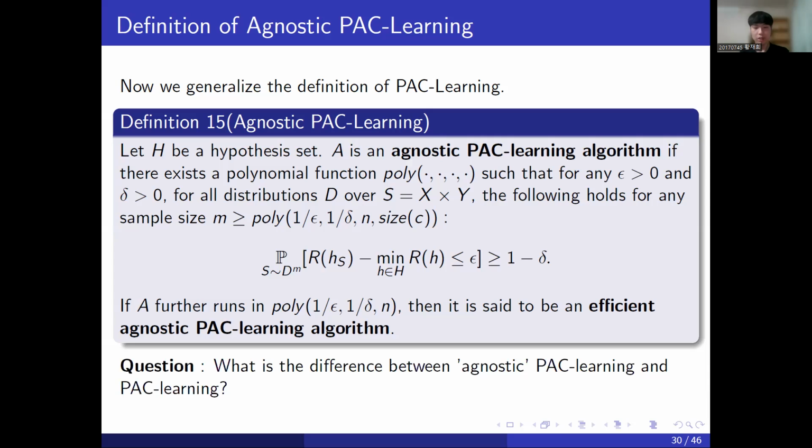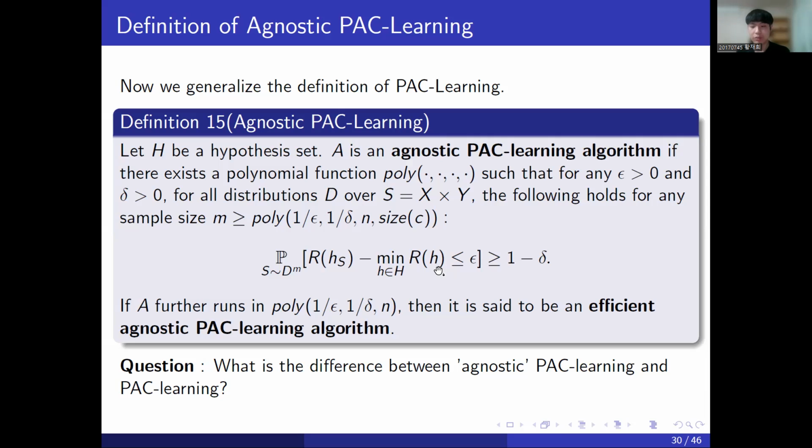It seems quite similar to the previous definition of PAC learning. So I have one question. What is the exact difference between agnostic PAC learning and PAC learning? Recall the definition of the word agnostic in Korean, 불가지론. You can understand this as there does not exist the exact solution. Do you see the difference? I think the main difference between PAC learning and agnostic PAC learning is this term, which is not in just the PAC learning algorithm.